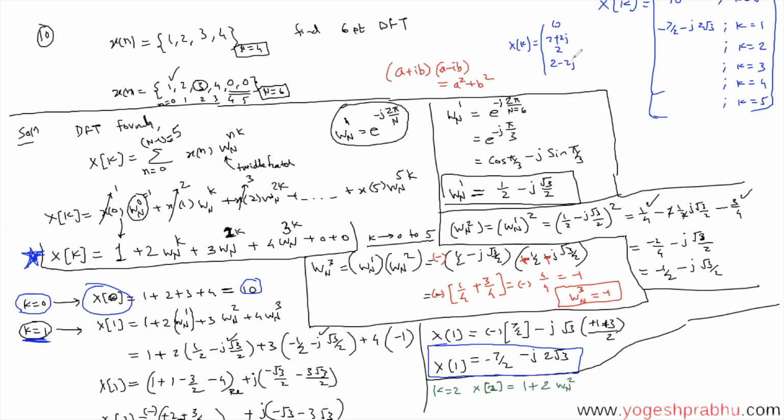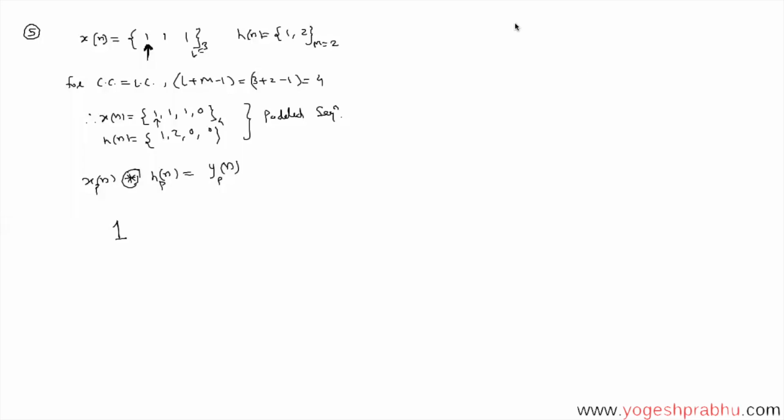Something like that. So basically you're going to get a symmetric answer. So we just have to find out of 6, I think, only 3. And the rest of them will be repeating.